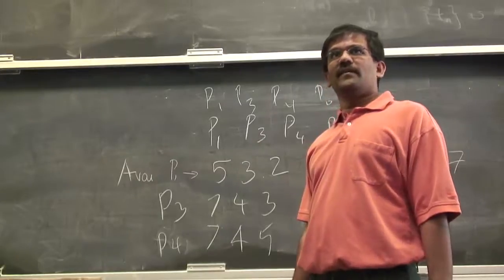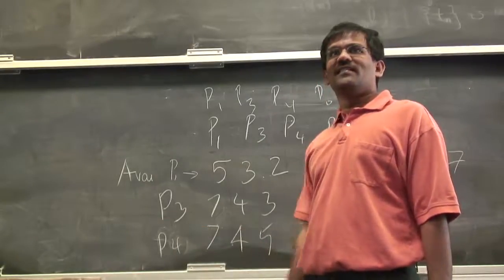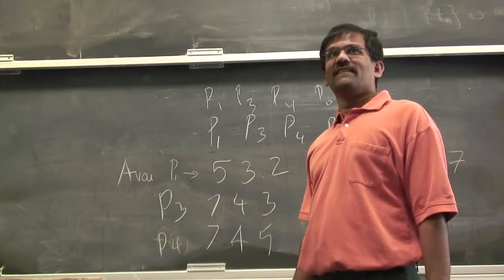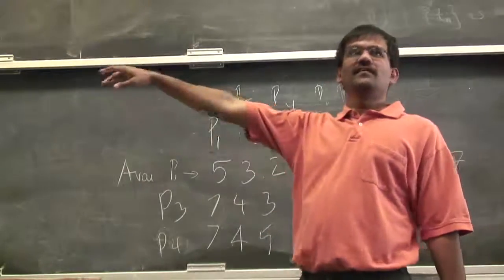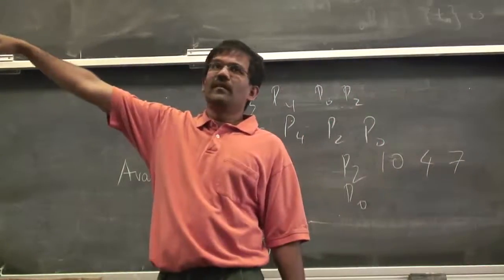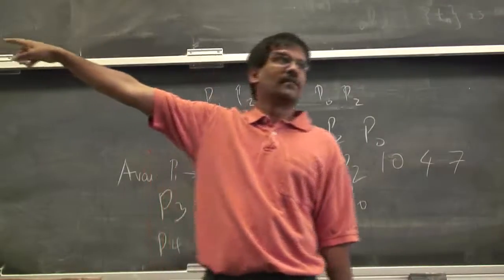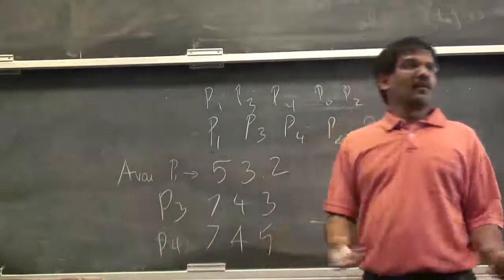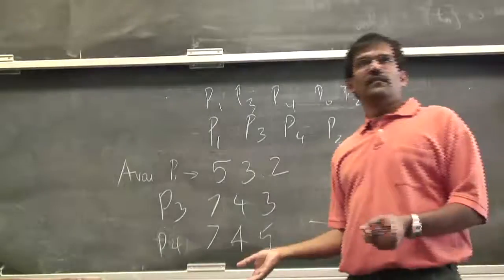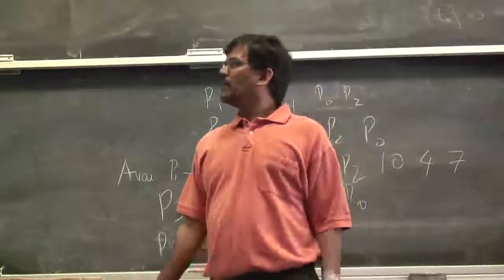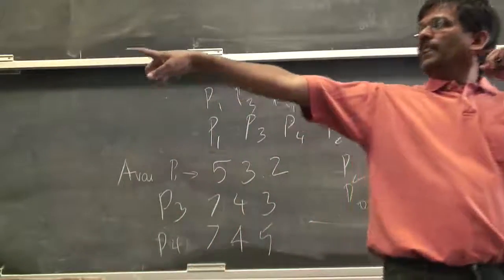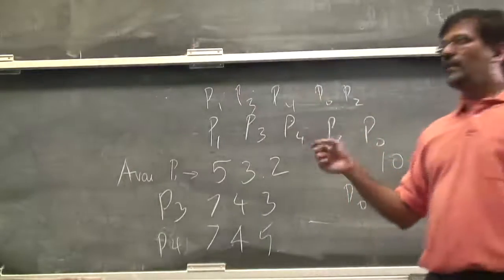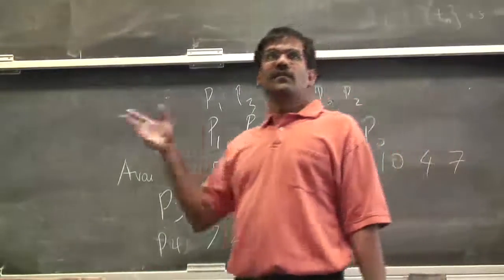I see people nodding. Why? Yeah, it's actually easier, right? The available resources are only 2, 3, and 0, so you can't give 3, 3, and 0. So the next request, can you allocate 0, 2, 0 to P0?